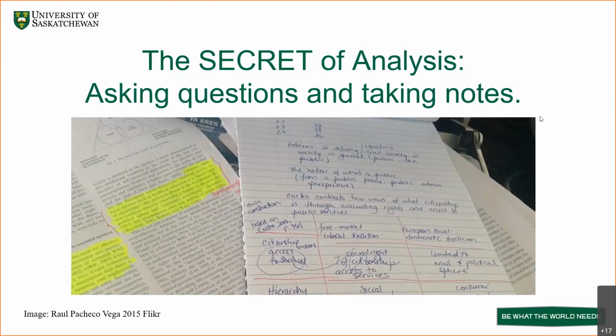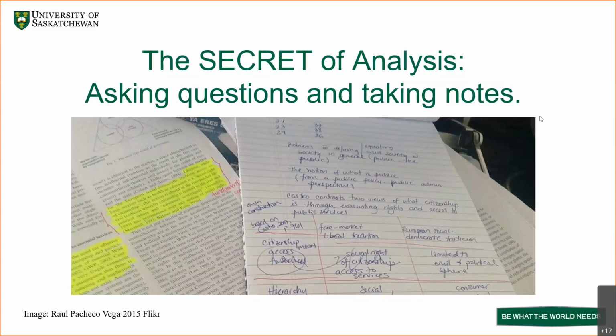And then the second part of that is taking notes. So as you're reading, take a lot of notes. This image comes from Raul Pacheco Vega. And if you don't follow him on social media, I do recommend it actually, or find his website. Raul Pacheco Vega is a researcher and he's actually Canadian trained. He got his degree at UBC, but he moved back to Mexico and he's a professor in Mexico and he does water research.